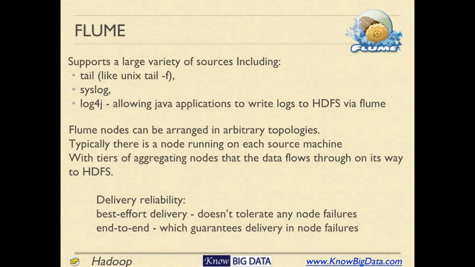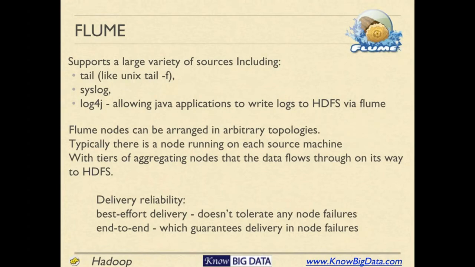So Flume can read from syslog, because syslog is like a centralized logger on every Unix machine. Therefore, it makes logical sense to have syslog as your source of data.